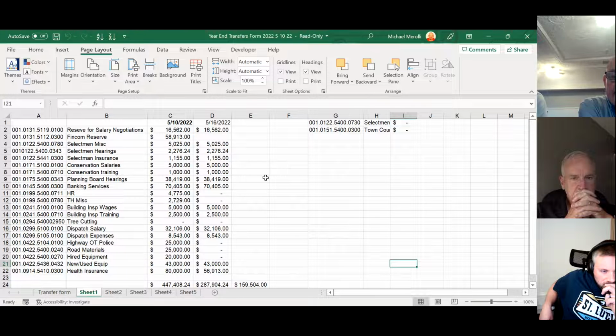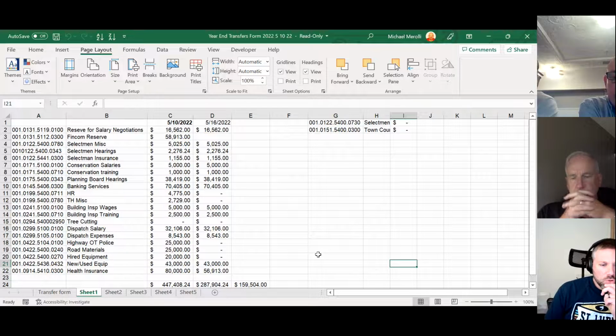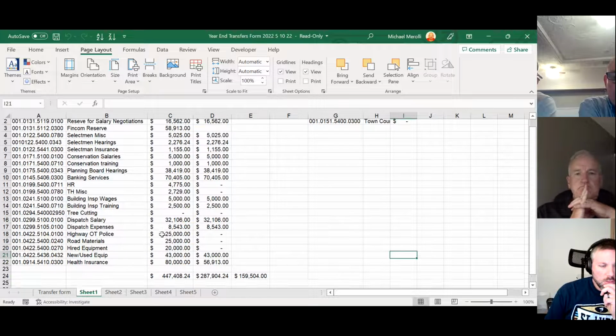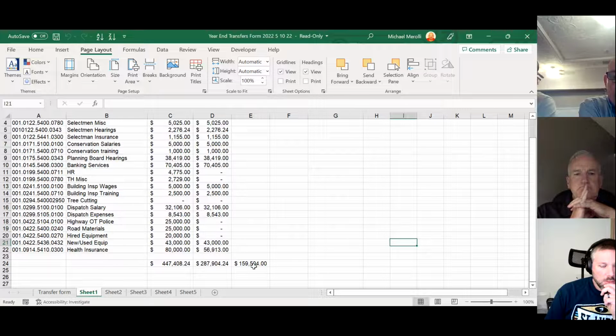That's quantifying that 287,904.24. Do you guys see that? Yes. So these are all the accounts that the additional money is in, and the value left in this item on 24 and E24, that 159,504, is the cumulative value left in all these accounts.